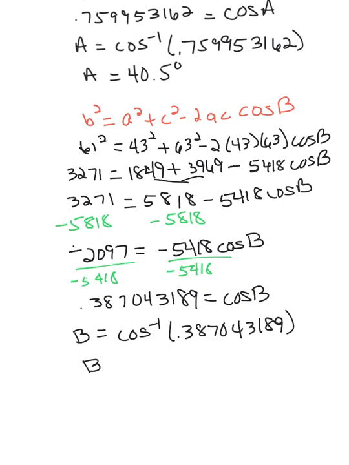So angle B equals 67.2 degrees. Now that we know two of the three angles, we can find the third angle, C, by taking 180 minus 40.5 minus 67.2, and we get an angle C of 72.3 degrees.